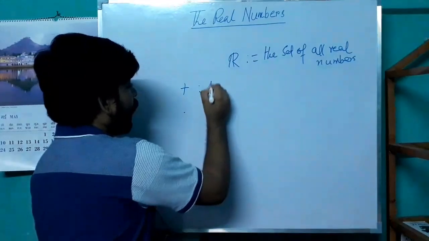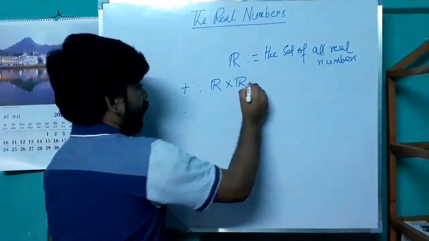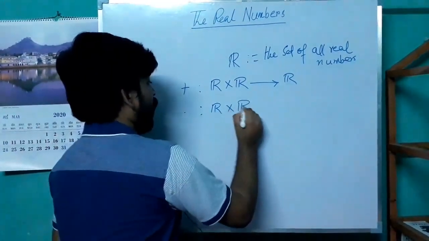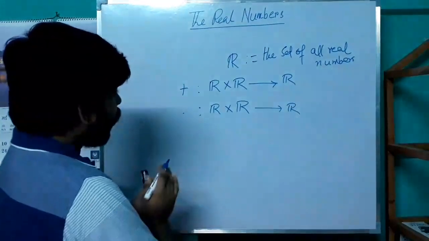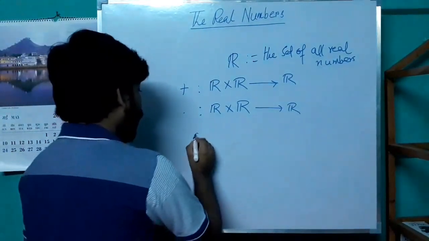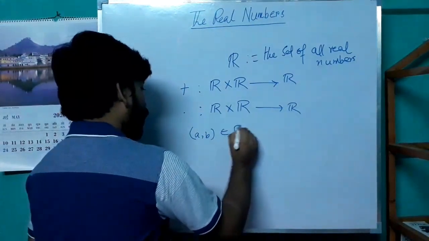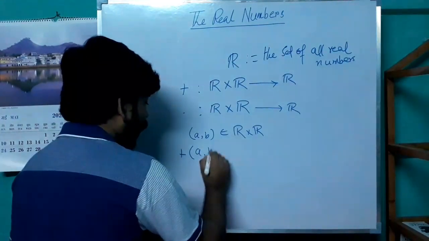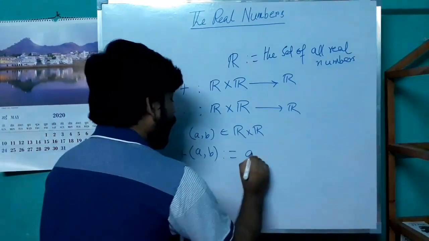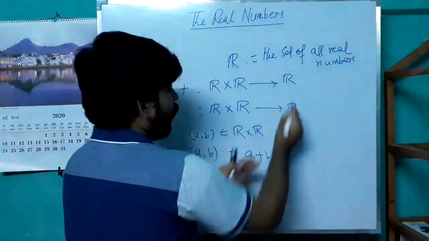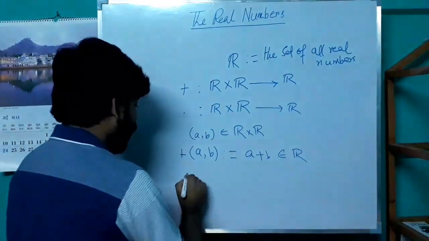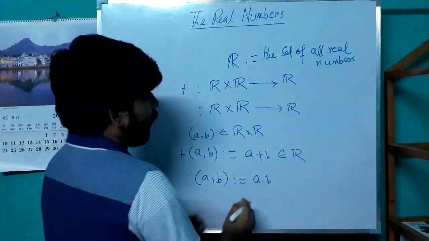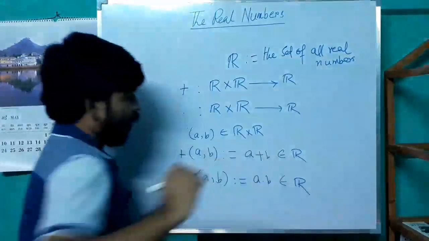Addition is a binary operation on R, and multiplication is another binary operation on R. By definition, if we take an element (a, b) from R cross R, then plus of (a, b) is defined as a plus b, which is obviously an element of R. Similarly, dot of (a, b) is defined as a dot b, and that element is also in R.